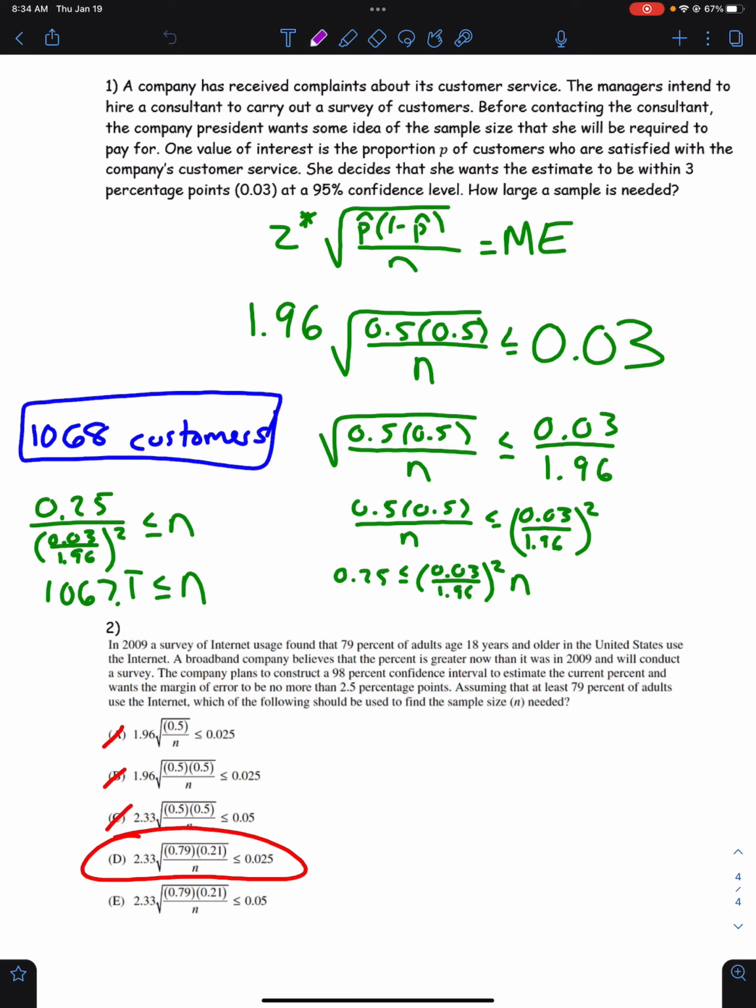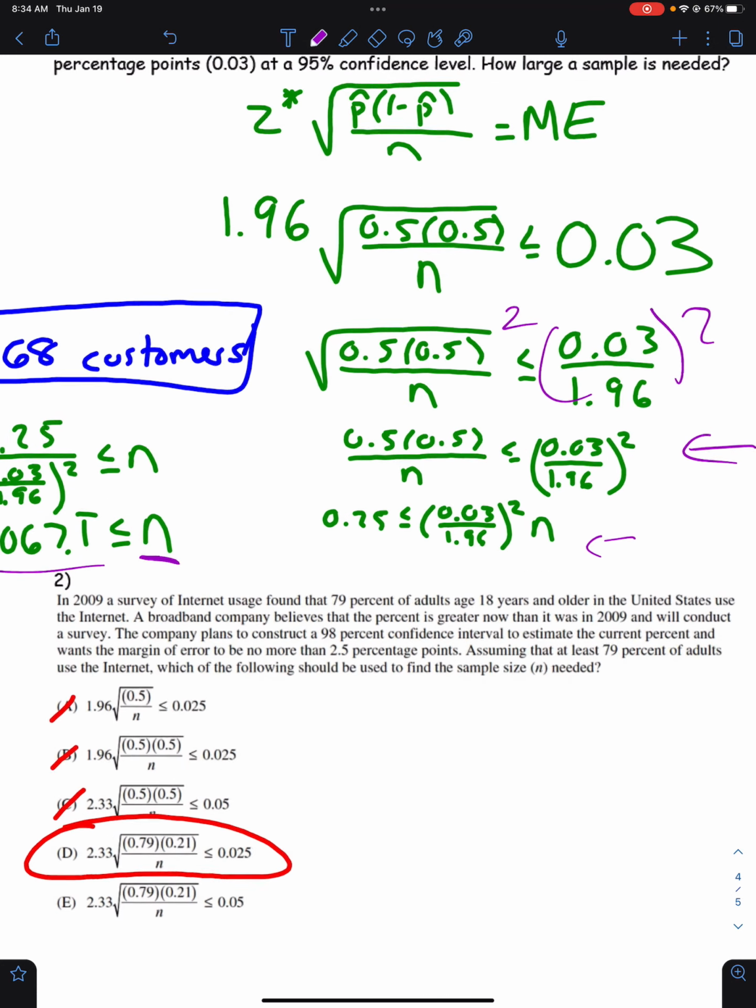Then I squared both sides, and multiplied by n on both sides, because n was in the denominator. And then you can divide by 0.03 over 1.96 squared. Just put it in the calculator, and you'll get 1067.1 repeating. So n has to be greater than that, so the next number greater than that would be 1,068 customers.